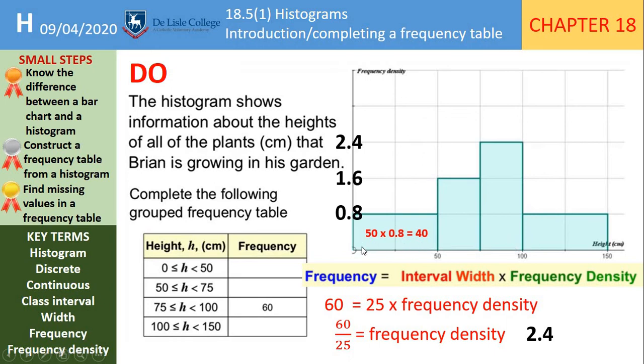So for the first bar, 50 multiplied by 0.8 gives us a frequency of 40. For the second bar, a width 50 up to 75, 25 multiplied by 1.6 gives us a frequency of 40. And for the final bar, 50 multiplied by 0.8 gives us a frequency of 40.